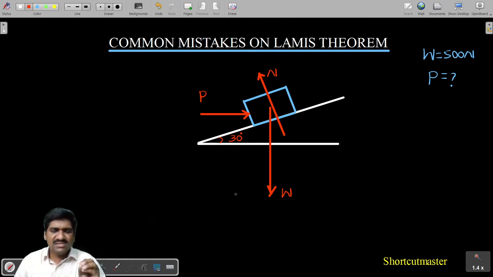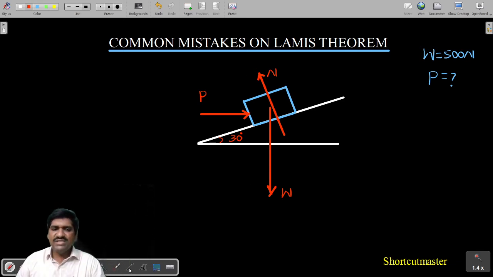But the point is, if you want to apply Lami's theorem, we should know the angles between all the forces acting on the body, and in those three forces we should know at least one force. All the angles should be known, and at least one force should be known. In that condition, now I am going to apply Lami's theorem.